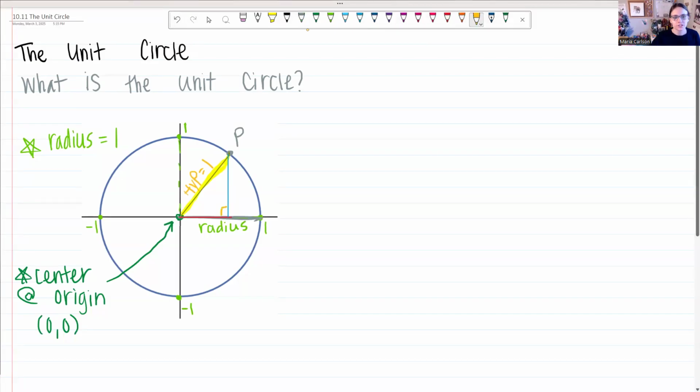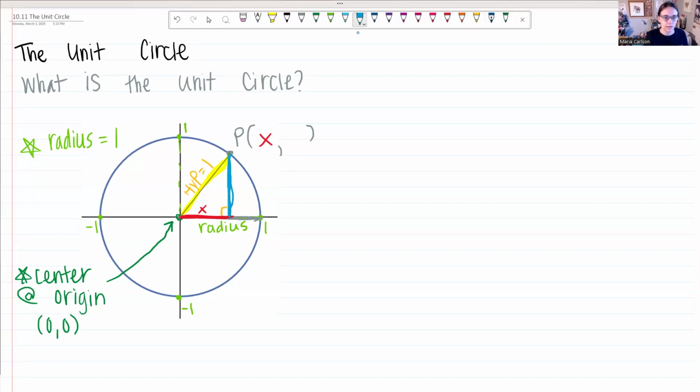And we actually can talk about the coordinates of this point, the x comma y that represent the positioning. And x is really this leg along the x-axis of the right triangle. So that is x. And y is the vertical distance from the point to the x-axis.